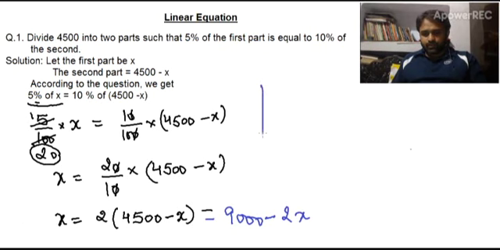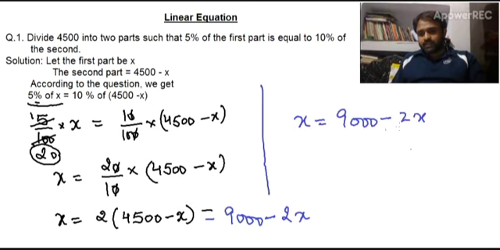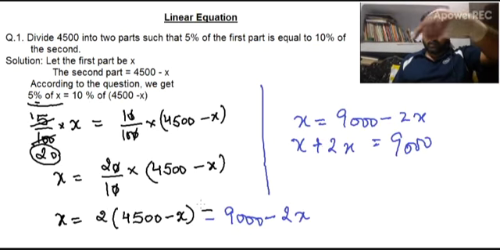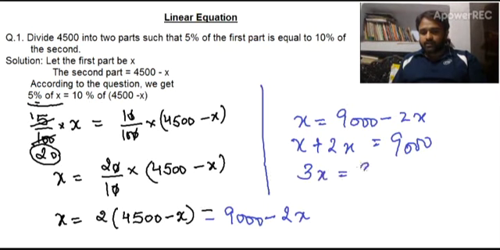I'm just going to tell you here. If x is equal to 9000 minus 2x, then that will come this side. x plus 2x is equal to 9000, isn't it? Now if you further simplify this equation, you can get 3x, right? So this is 3x equal to 9000, and both the sides will be divided by 3.